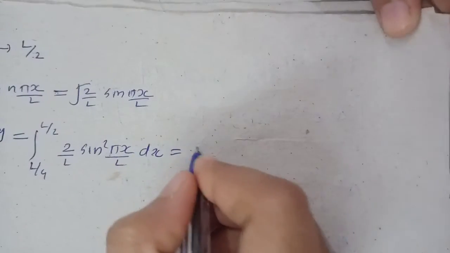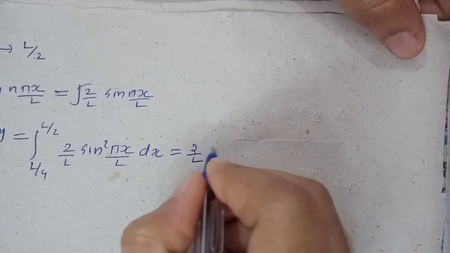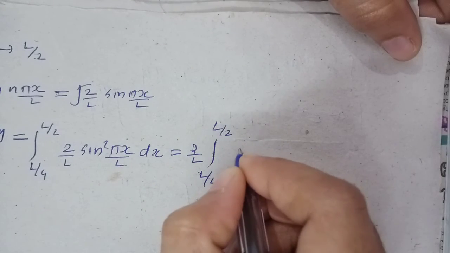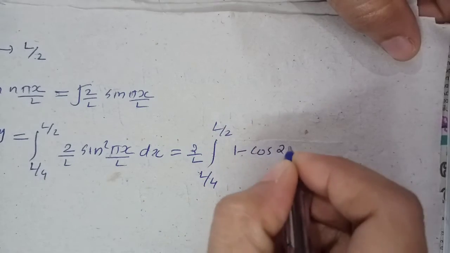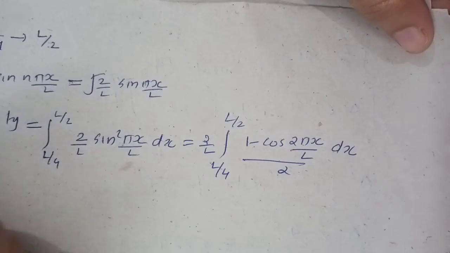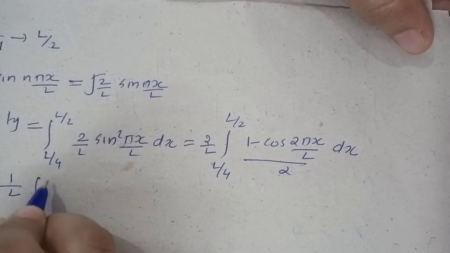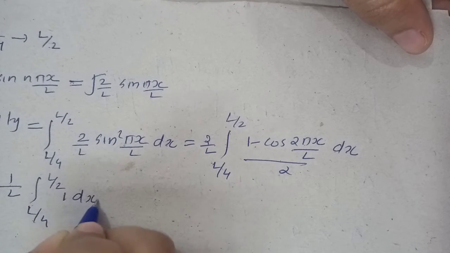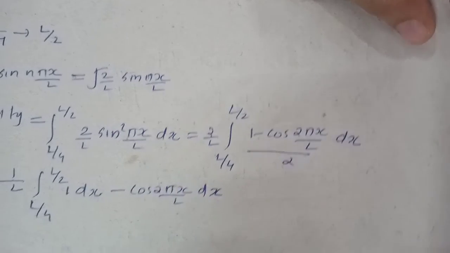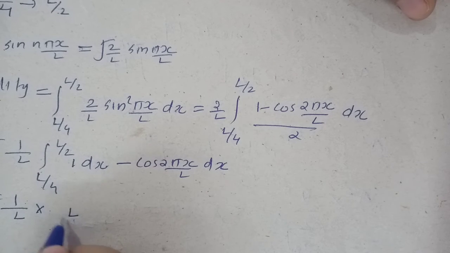The 2/L can be taken outside, and sin squared can be rewritten as (1 minus cos(2 pi x / L)) divided by 2, dx. The 2 can be cancelled, so that is 1/L times the integral from L/4 to L/2 of 1 dx minus cos(2 pi x / L) dx.